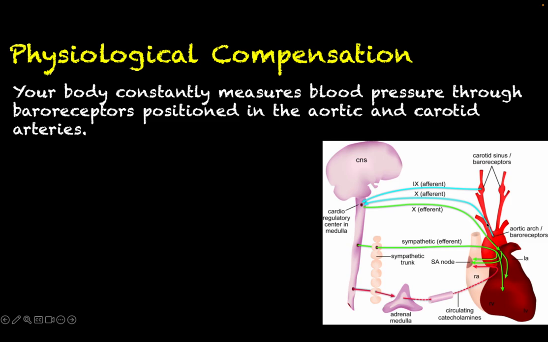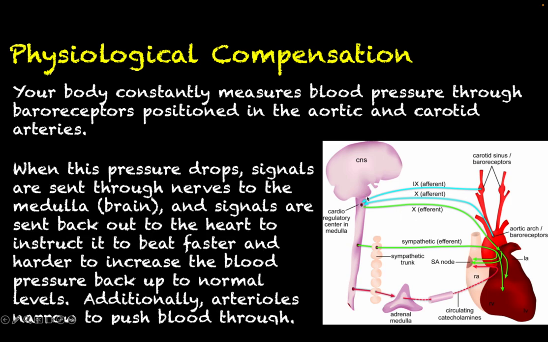And then these nerve fibers will enter into your brainstem into a place called the medulla. So anytime these baroreceptors that are located here and here detect a drop in blood pressure that is not desirable, they will send electrical signals through these nerve fibers into the medulla, which is in your brainstem.